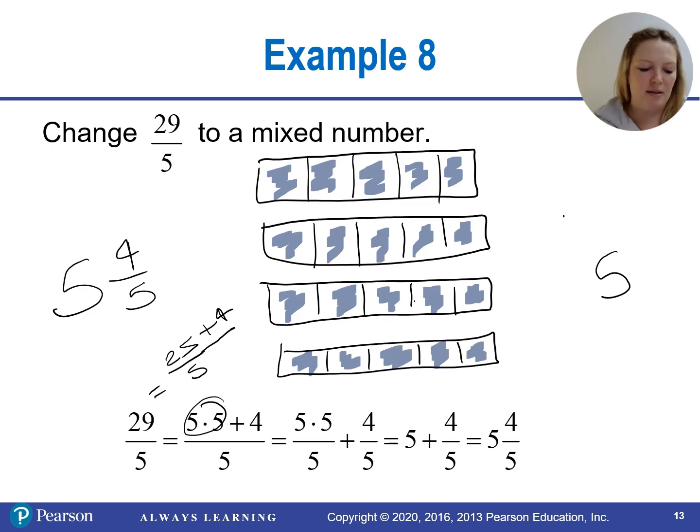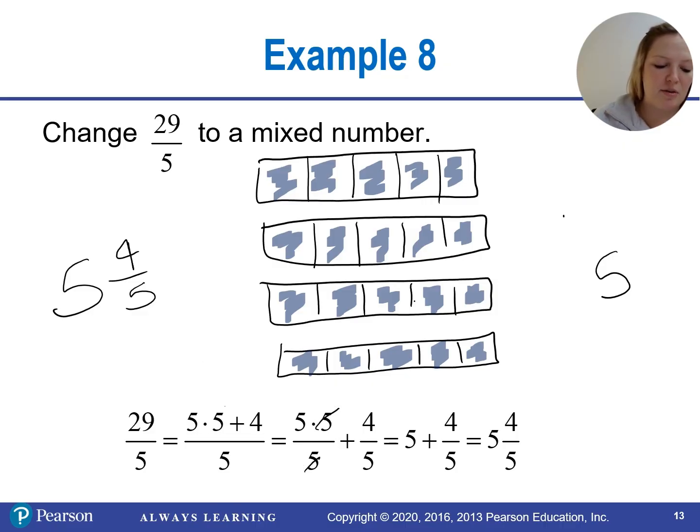And 25 is 5 times 5. And then I can cancel out the denominator, and I'm left with 5 wholes and 4 fifths. I prefer to think of it using a figure, though.